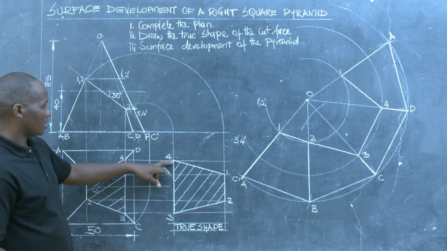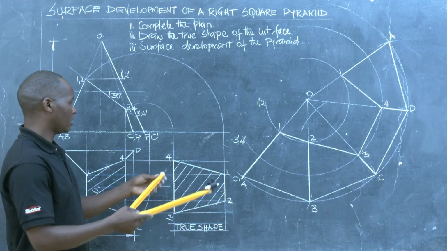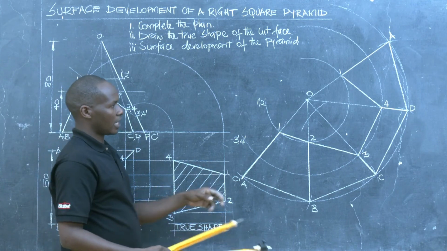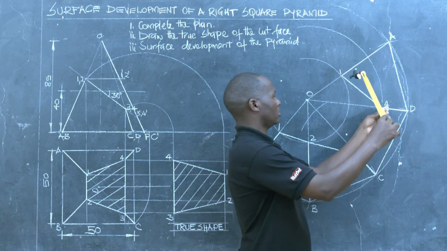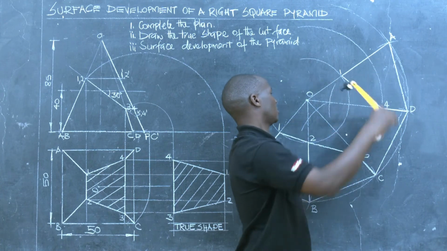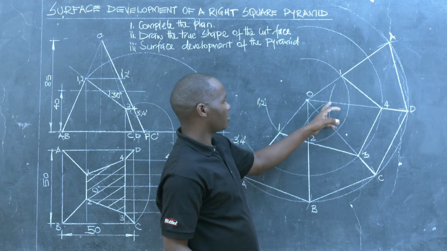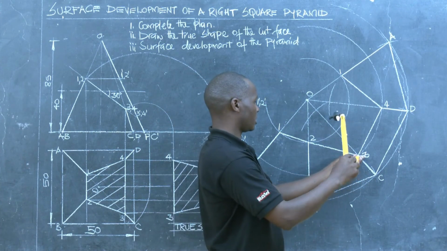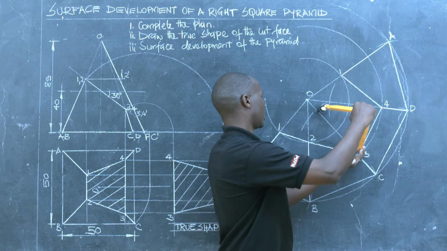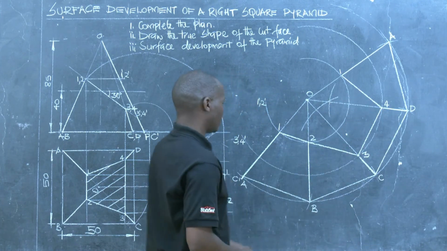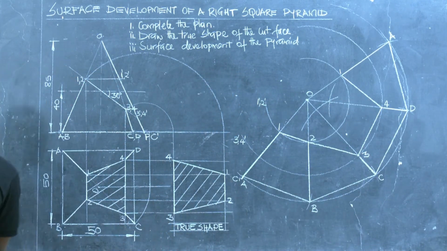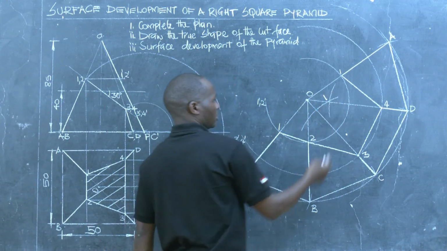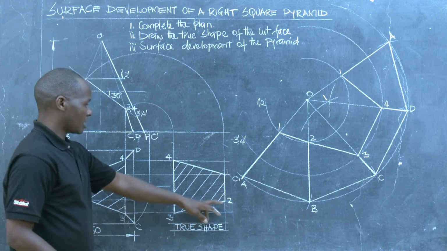Then we get distance 4, 1, and use point 4 to describe an arc to cut the previous one that was coming from point 3. So you need to extend this one to cut that arc at point 1. Point 1.